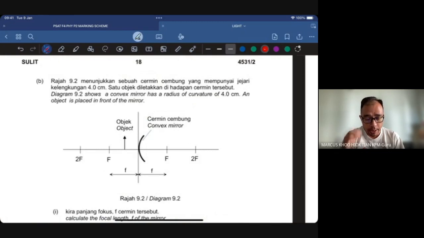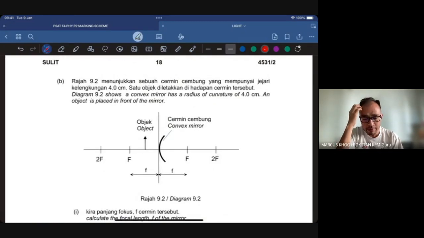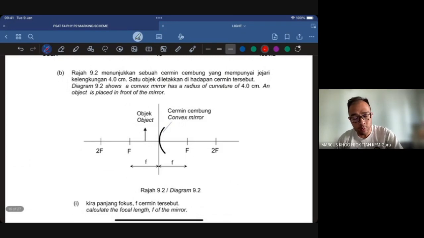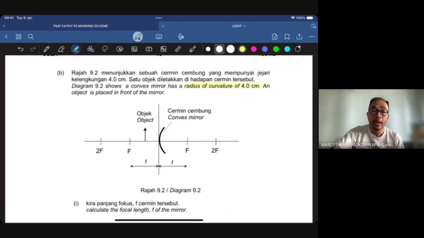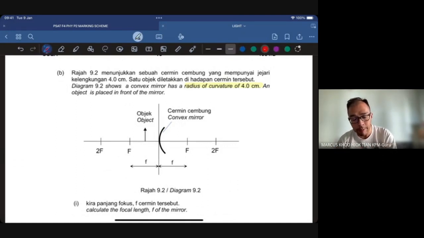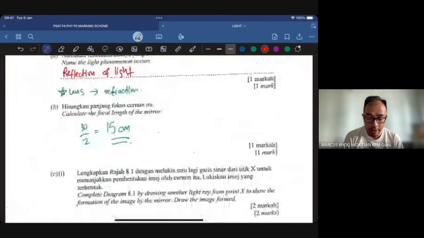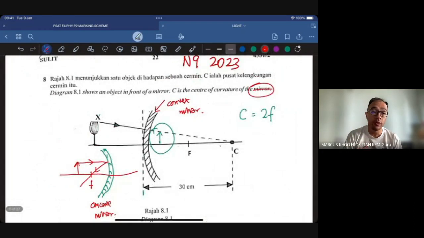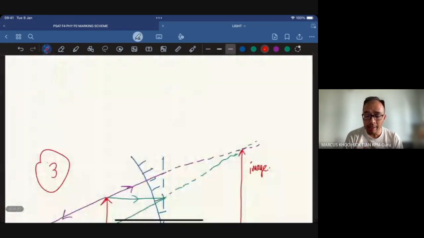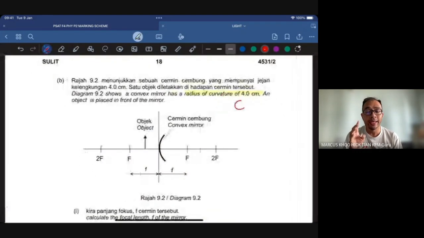Okay, question B, diagram 9.2 shows a convex mirror with a radius of curvature 4.0. Okay, an object is placed in front of the mirror. Okay, this word, the radius of the curvature, is a very important word because it tells us that this is the letter C. And if you remember from the Melaka question just now, or sorry, this one just now, C is equals to 2 times the focal length, which means that they're not actually telling you the focal length, but they are secara tidak langsung lah memberitahu kamu bahawa the focal length is actually 2 cm.